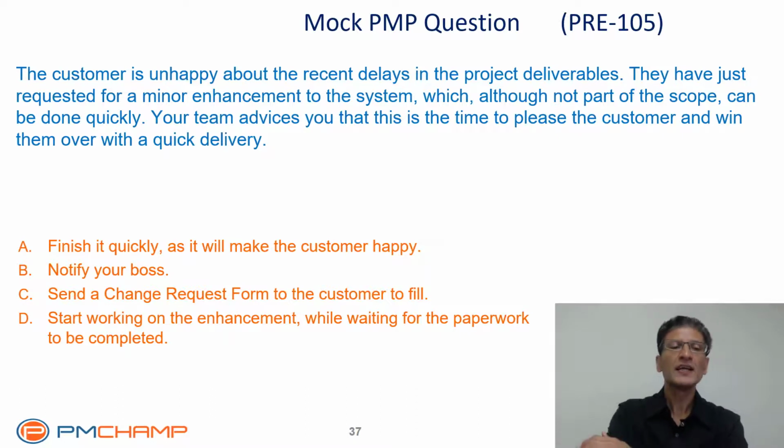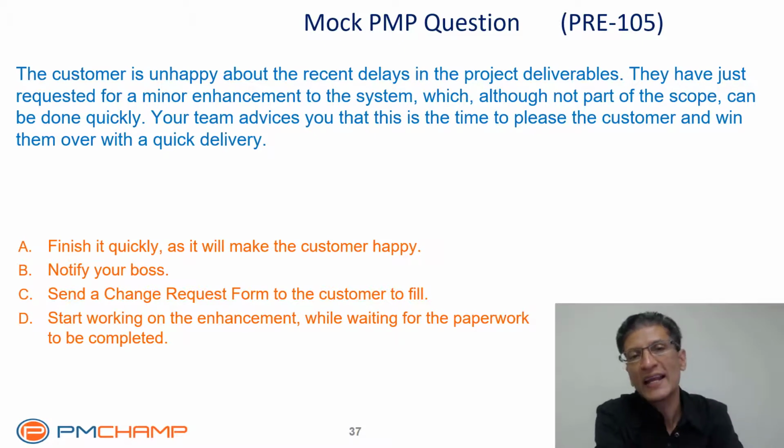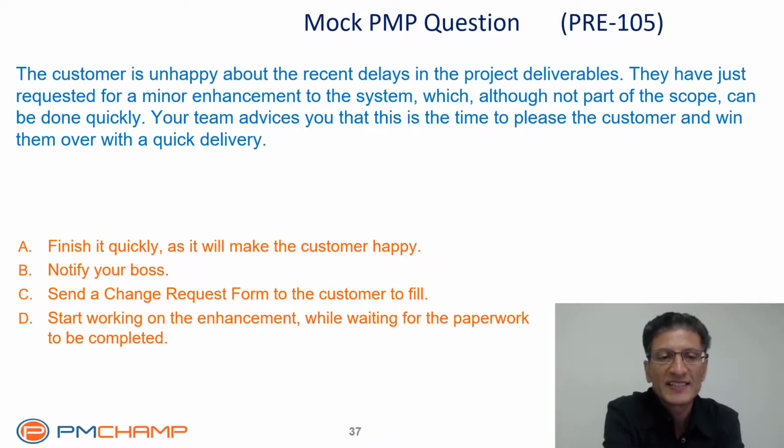So as you can see, there are several alternatives here. The customer is unhappy. There have been delays in the deliverables. The customer now requests a minor enhancement which can be done very quickly. Your team tells you, let's do it because we can win over the customer by doing this quick delivery and gain back their confidence.